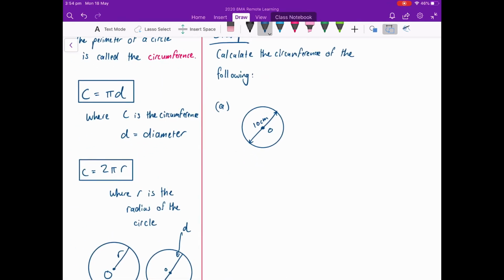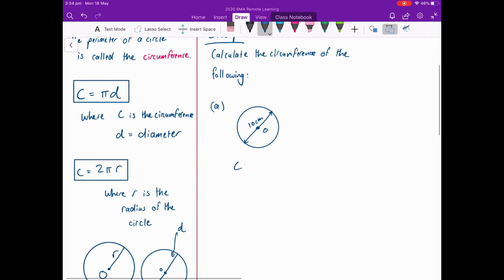I've been given a diameter, so I'll go C is equal to pi d. That is pi times the diameter, which is 10. I'm going to put this in my calculator. So I go pi times 10 equals, and I'll get an answer of 31.4159, and it keeps going.